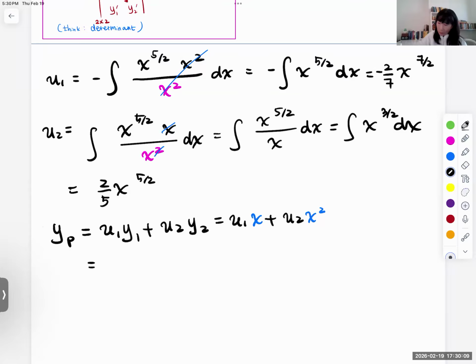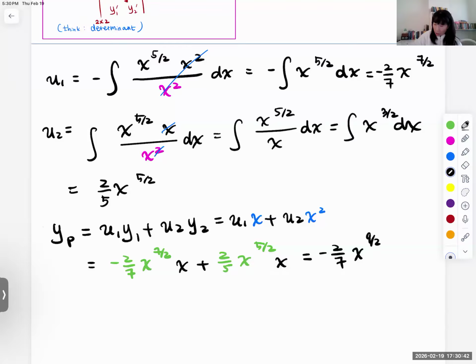U sub 1 will be negative 2 over 7 x to the 7 over 2. We have x plus u sub 2. We have 2/5 x to the 5 over 2 times x. Combined, right? So we have 2 over 2, so 9 over 2, plus 2 over 2. So we have 2/5 x to the 7 over 2 then.